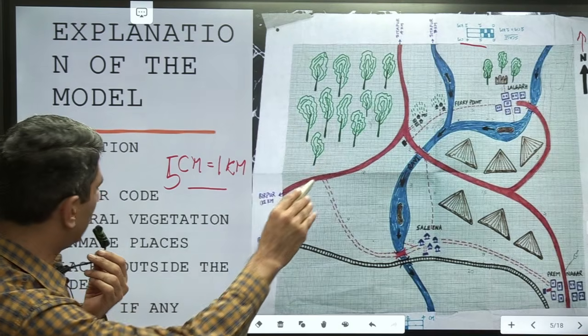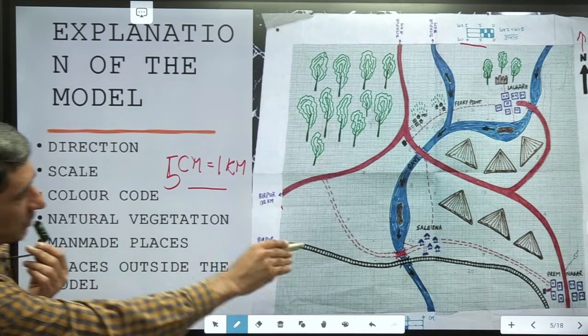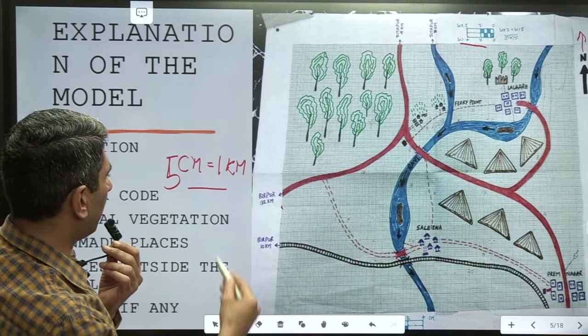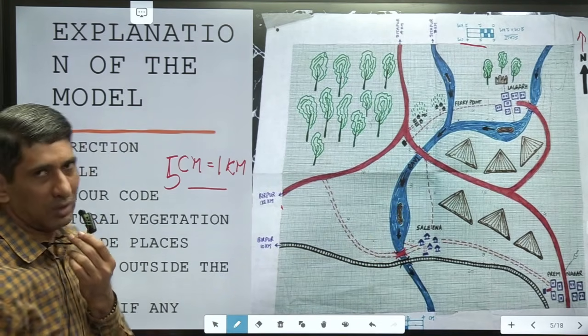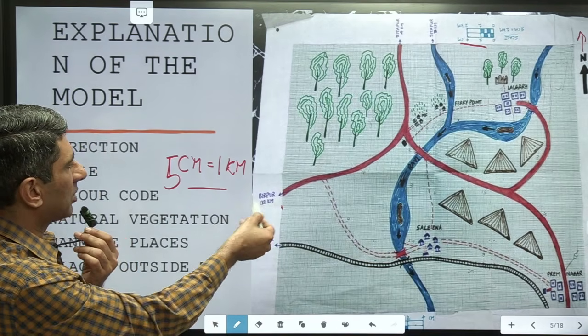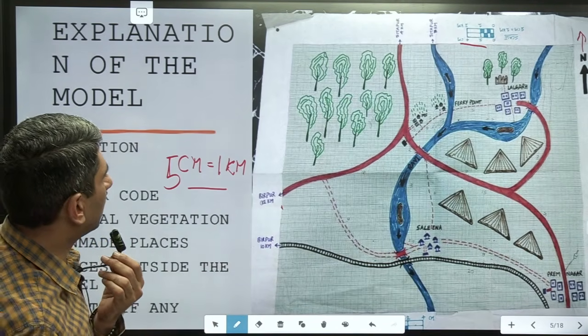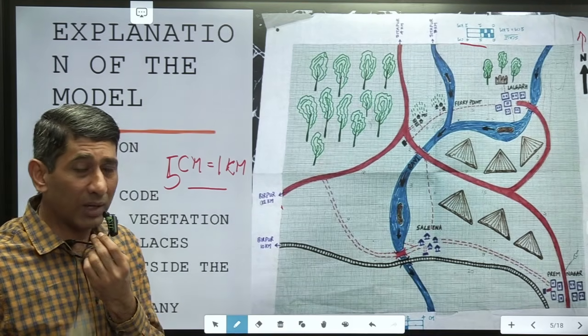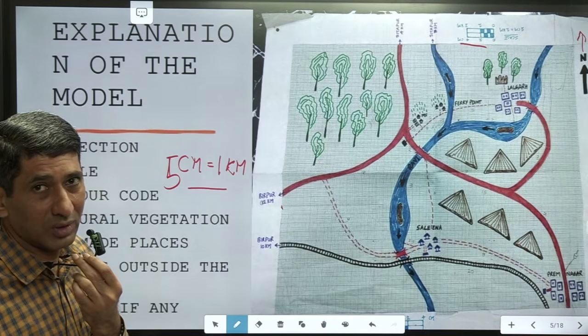And he will also tell you the places which are inside the model, and he will talk of the places which are outside the model also. And it will be marked like this, wherein there is a place called Birpur, which is a particular distance if you go by road, and there is a different distance if you go by the railway line.